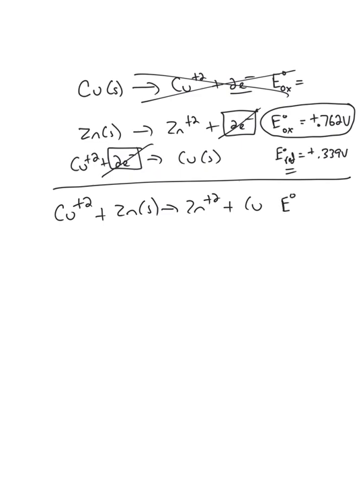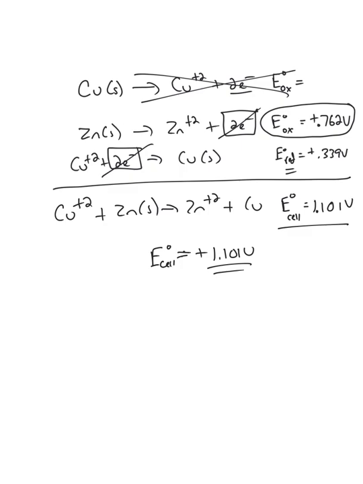And the voltage of this cell would now be the addition of the 2 other voltages. So 1 carry the 1, 0 carry the 1, and we get 1.101. So we would have a cell voltage of positive 1.101 volts. This would be the electrical potential of this cell combination.